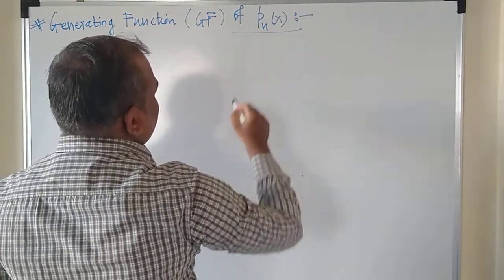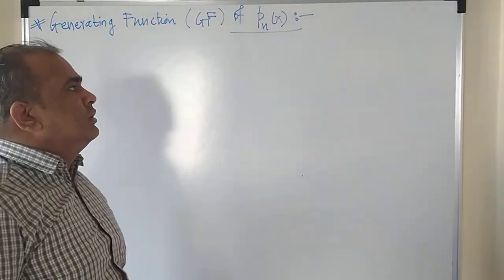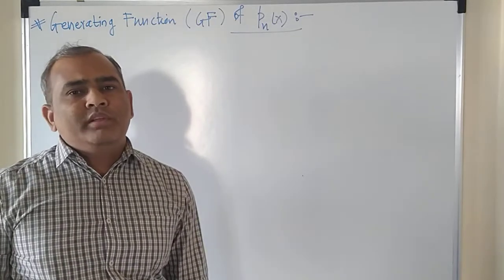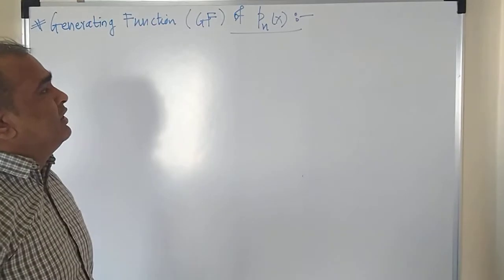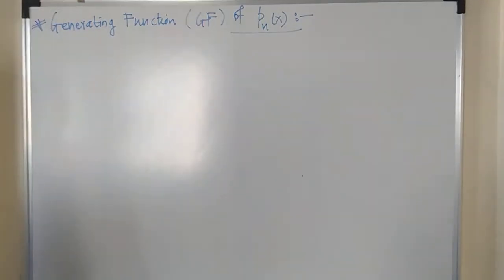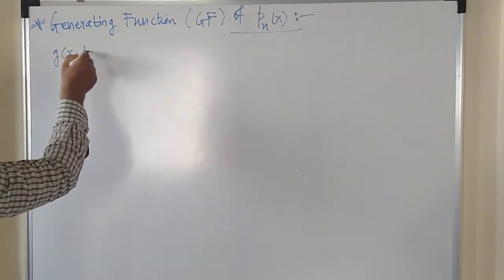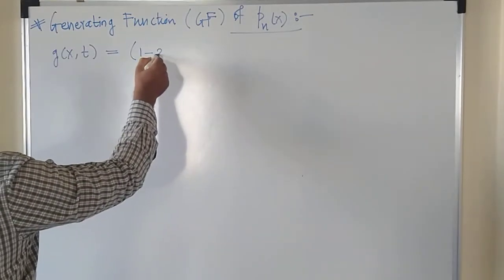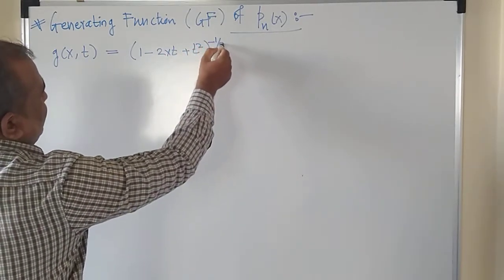So the generating function of Pn of x is used to obtain the first few polynomials of the Legendre function. So let's go. What is the Legendre generating function for the Legendre polynomial? The generating function is denoted by g of x, t, and this is equal to 1 minus 2xt plus t square raised to power minus half.